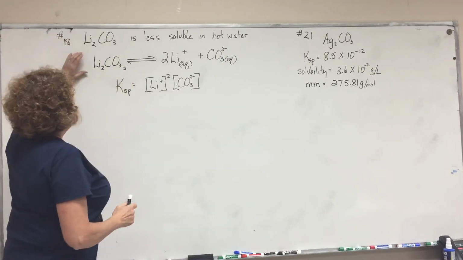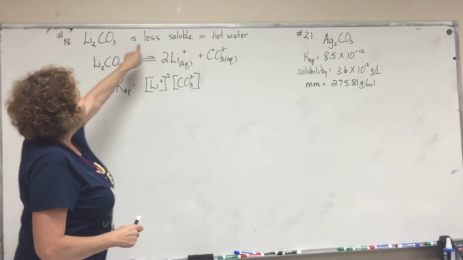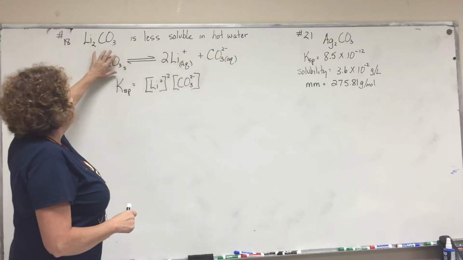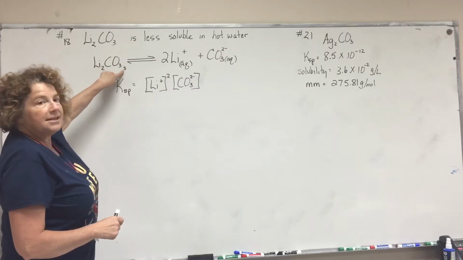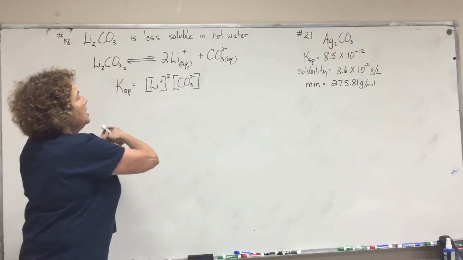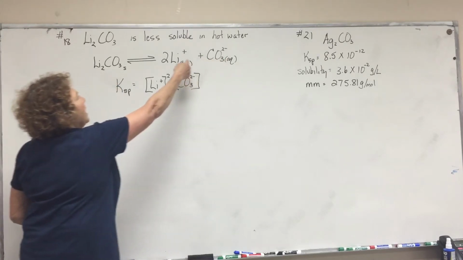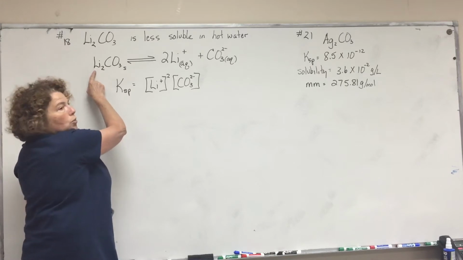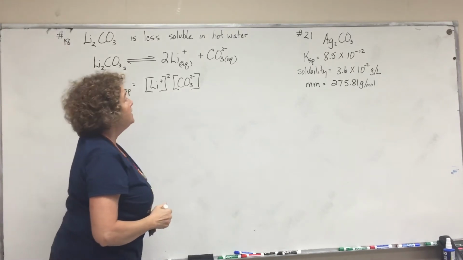So let's look at Le Chatelier's principle. If it's less soluble in hot water, that means you're going to have more of the reactant because this is solid. Less soluble means more of the solid. So in hot water, at high temperature, the equilibrium is shifting to the side with the reactant.